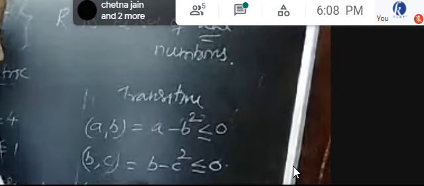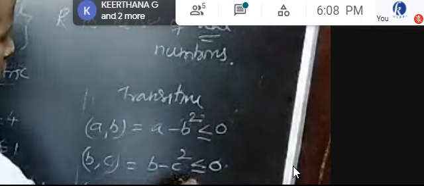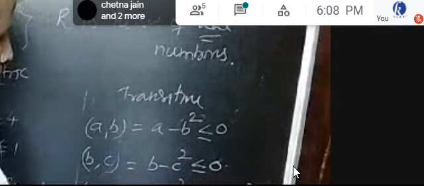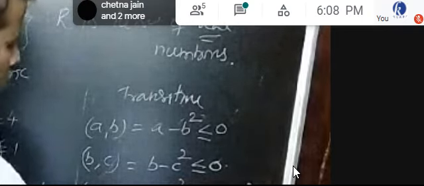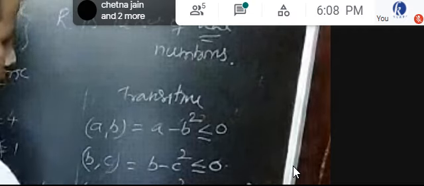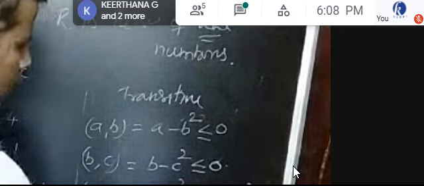Then A comma C is A minus C square, plus B square minus B square, so that is A minus B square plus B minus C square plus B square minus B square.